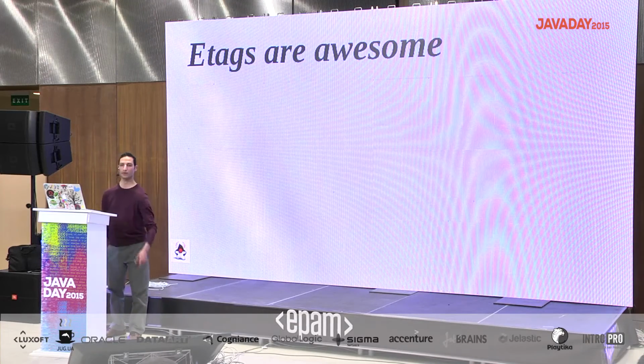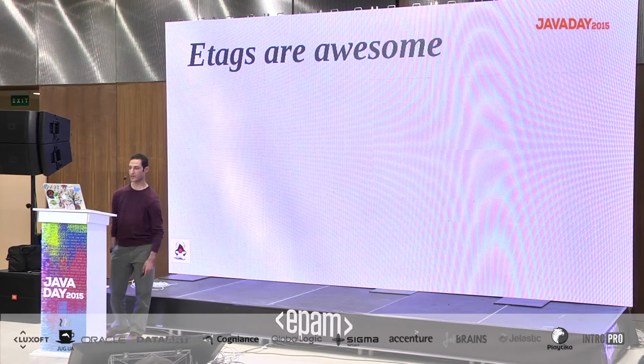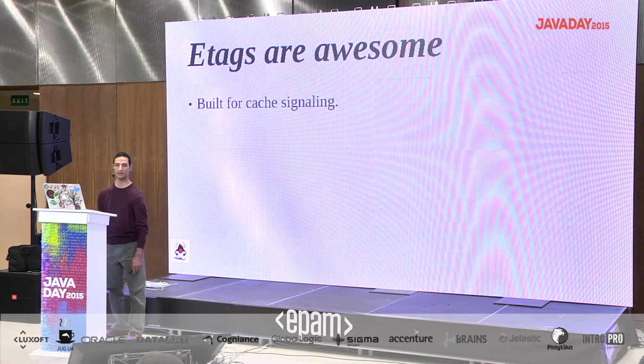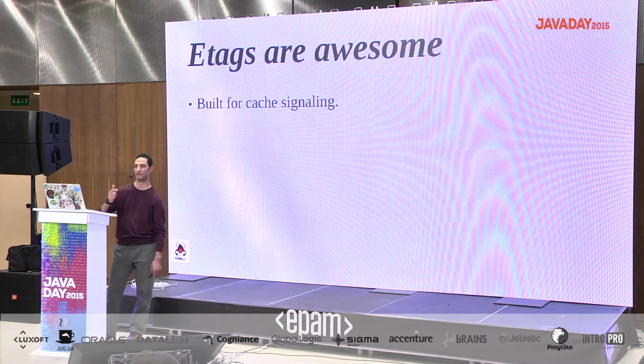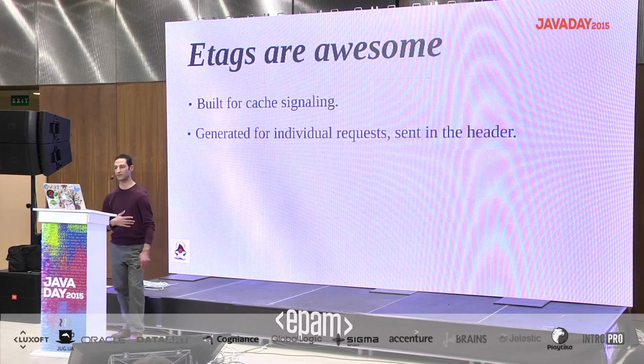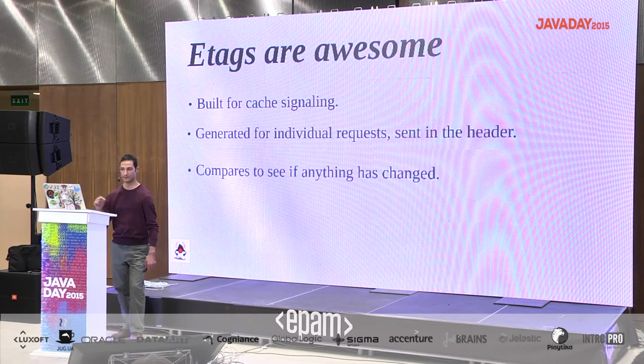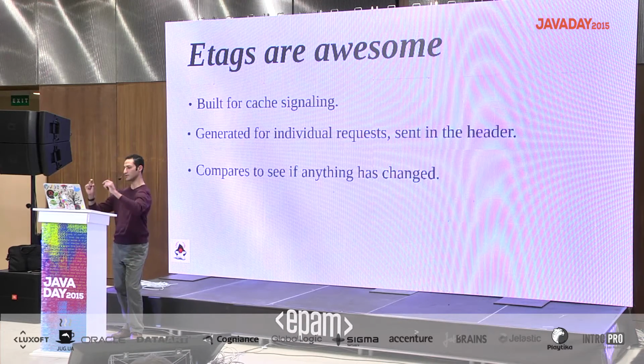There is a technique called ETag. This is used for caching. It's built in for caching signals. It makes your signals for your API that this API is cacheable. It's generated for each individual request and sent as header data, and compared to see if it has changed, because it's somehow a combination of a hash of the time of the request and the data changed.